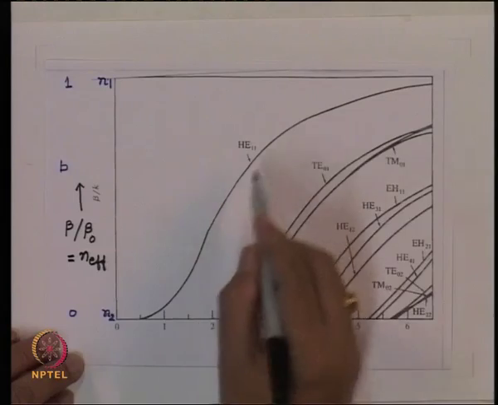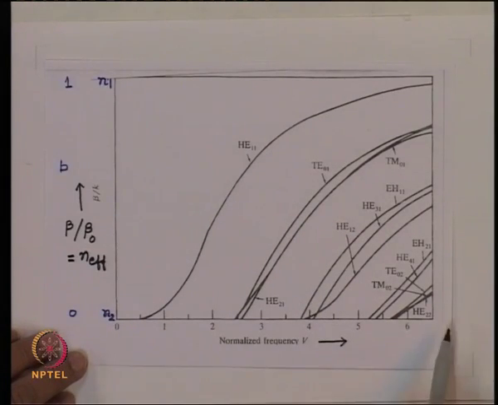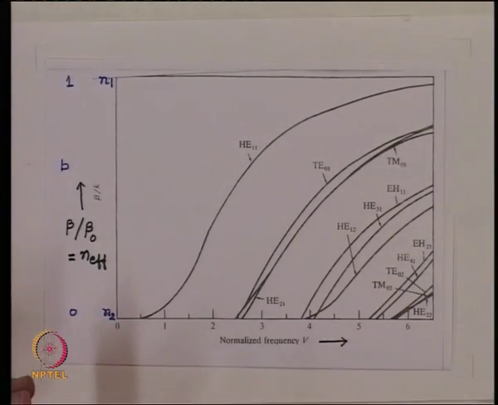For a particular mode, we can vary the V number and ask how beta varies. Essentially, the characteristic equation which we have got, you have to solve numerically to get the value of beta for various values of V number. Note that the size or the refractive index of the core or cladding individually do not matter. What matters is the total together, which is called the V number.